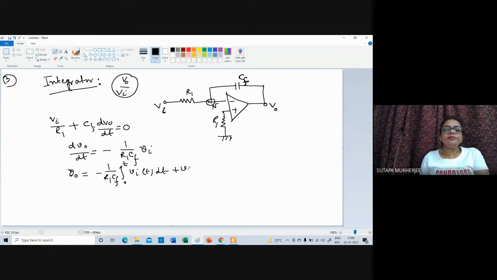If you consider the initial value as 0, then what will be the value?